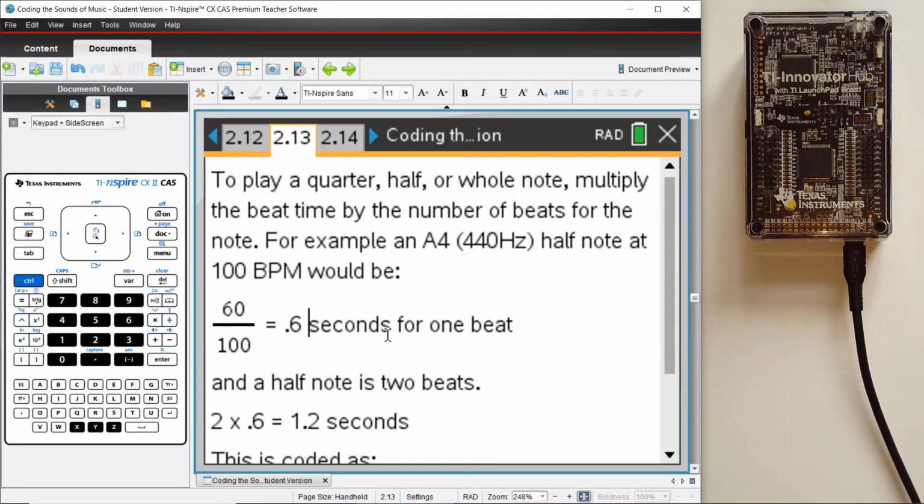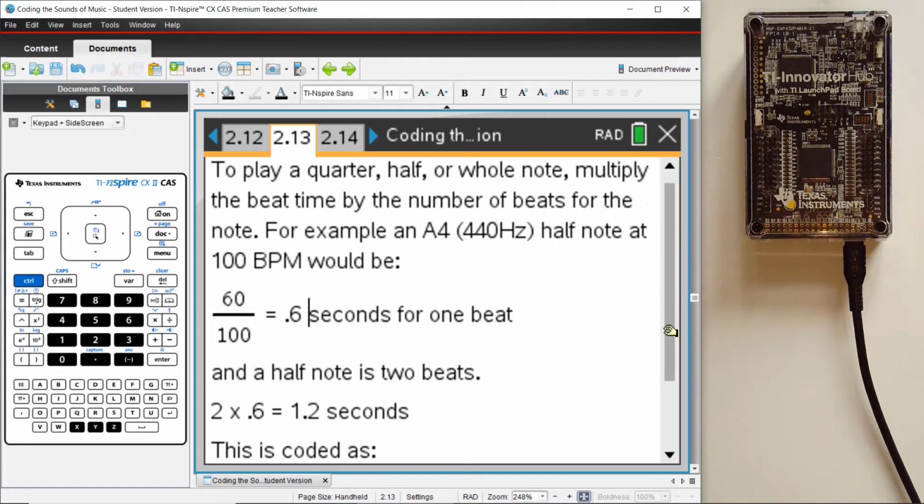So 0.6 is how long the beat lasts. Then we remember the definition of a half note. It's 2 beats. So I'm going to take 2 times the time for 1 beat, which is 0.6 seconds. So 2 times 0.6 is 1.2 seconds.